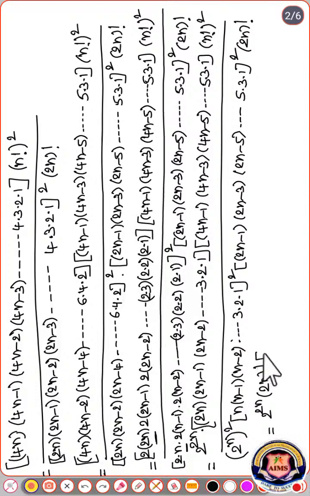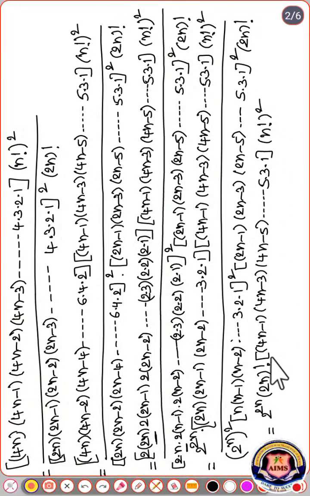After that, my dear, same to same you can write it. 4n minus 1, 4n minus 3, 4n minus 5 and so on, 5 into 3 into 1 into n factorial whole square. Numerator completed. Next, whole divided by denominator value. Here 2 power n whole square: power and one more power, 2 powers multiplication, we get 2 power 2n.